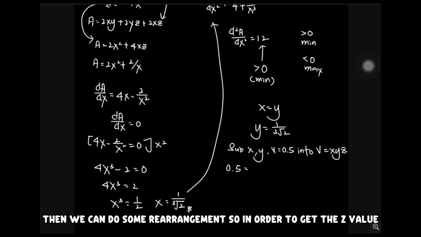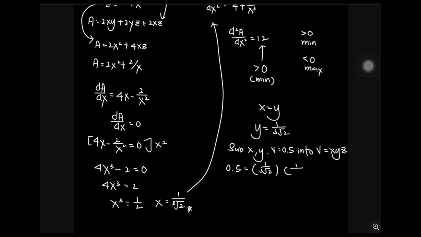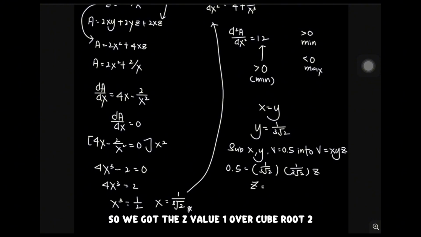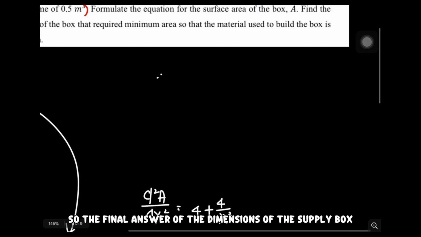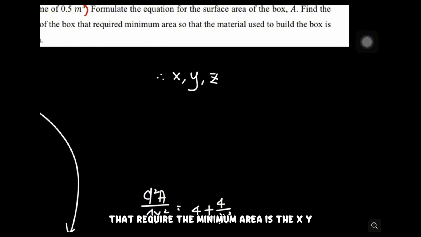Then we can do some rearrangement in order to get the z value. So we got the z value, 1 over cube root 2. So the final answer for the dimensions of the supply box that require the minimum area is x, y, z equals 1 over cube root 2 meter.